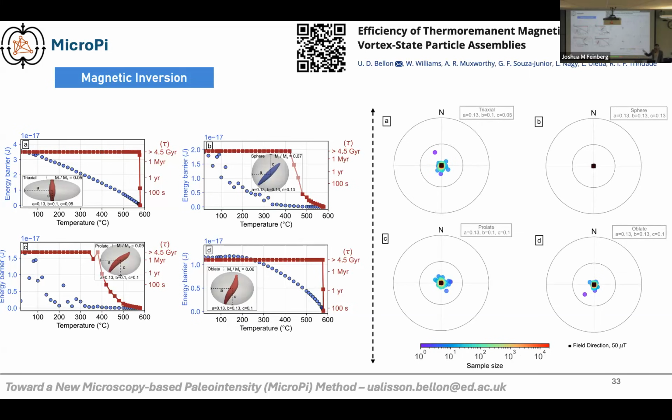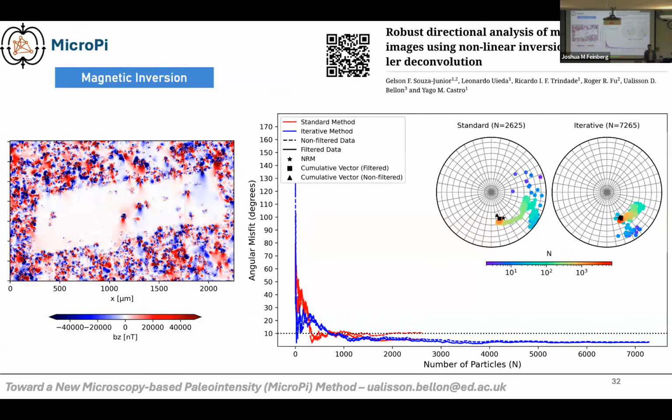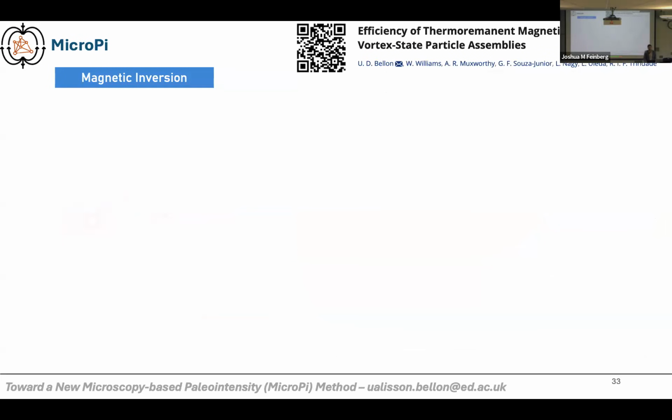That, of course, will depend on the strength of the magnetic field as well. If you have a very, very weak field, the bias is going to be lower, meaning you're going to need more particles. But the results I'm showing here are a confirmation of what we calculated earlier this year, that you don't need millions of particles to get a meaningful result.